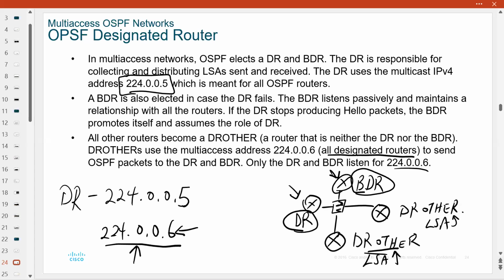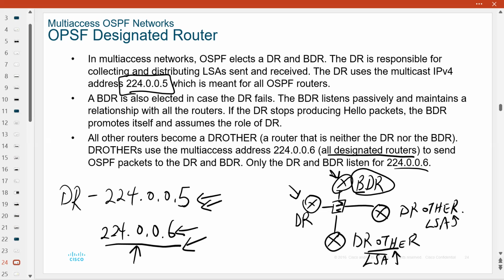And when a DR sends a message to all the routers in the OSPF network, it uses this address. The difference between those two addresses: one is destined to the designated routers, which is this one. The other one is destined to every other router in the network, which is this one right here.